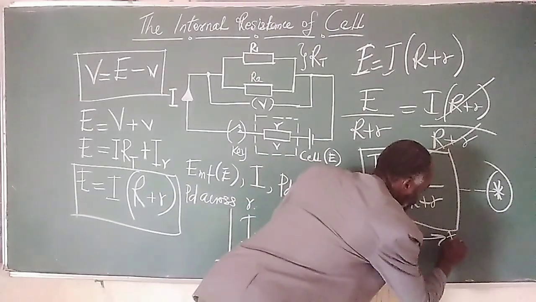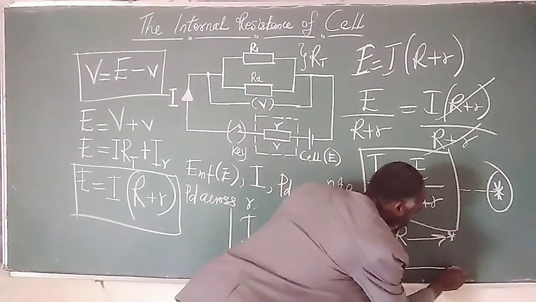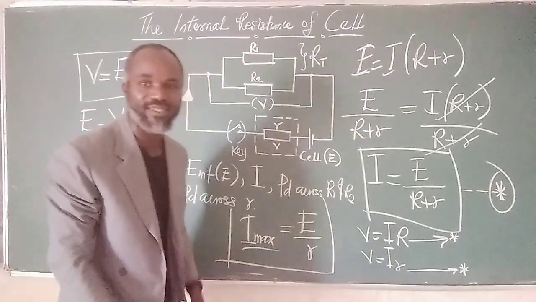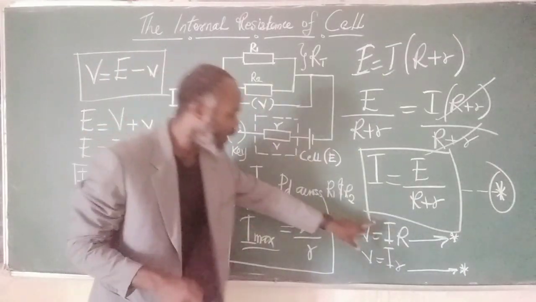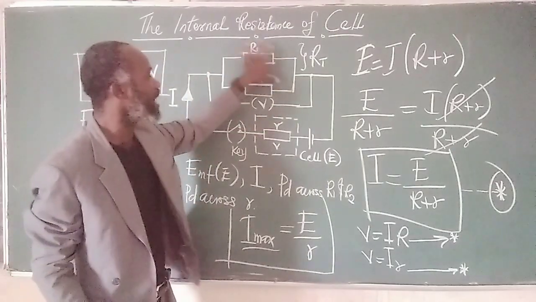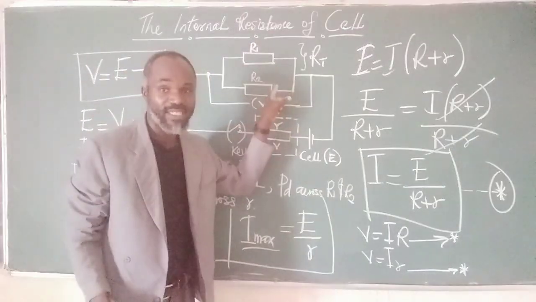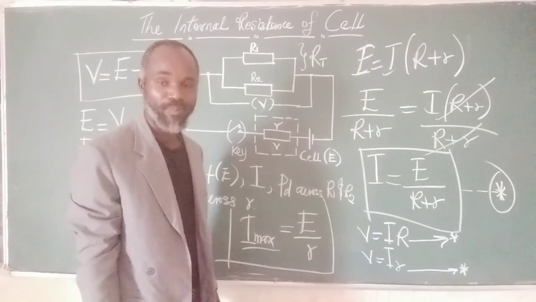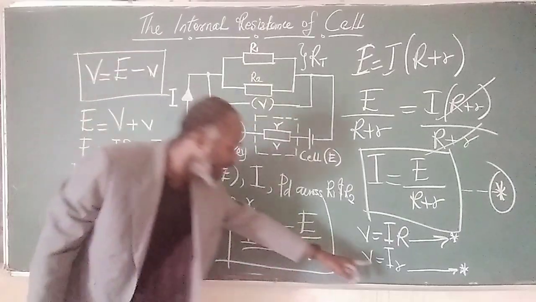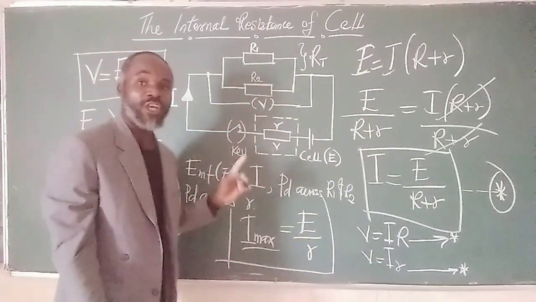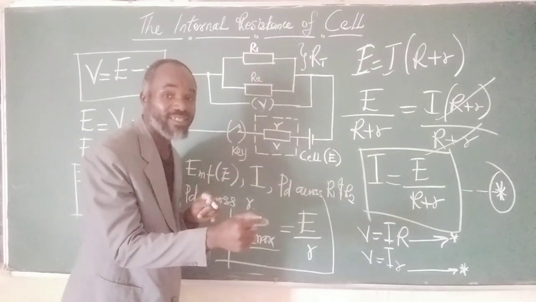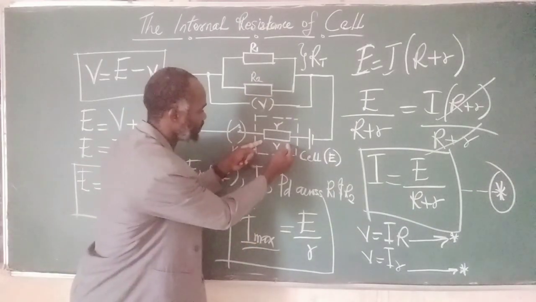Take notes. What about this? This represents the potential drop across the internal resistance. Take it again. This represents the terminal potential drop across the external resistance, capital R or bold R. And this means the potential drop across the internal resistance.